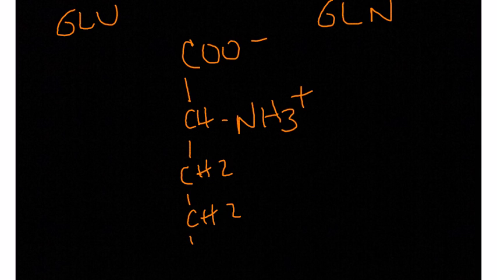And glutamate has the terminal carboxylic acid group, C double bond O, or CO2 minus for glutamate. But glutamine has an additional amine group.